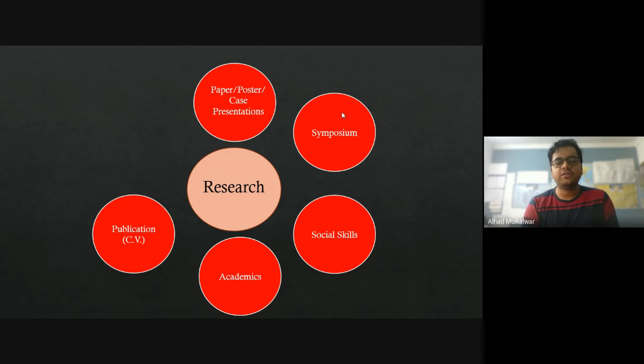Another thing I want to point out in the academic section is that I believe the most important purpose of doing MBBS is not to make you a master of all the 19 subjects. It's literally impossible. What it should aim to do is give you a brief exposure, a kind of an impulse about what each field is, so that you can make an informed decision regarding what you want to do ahead in life.